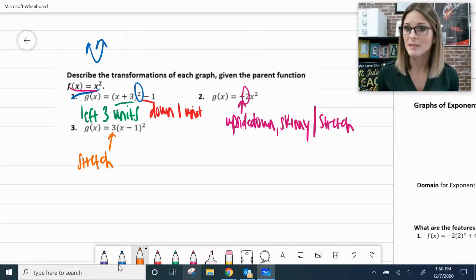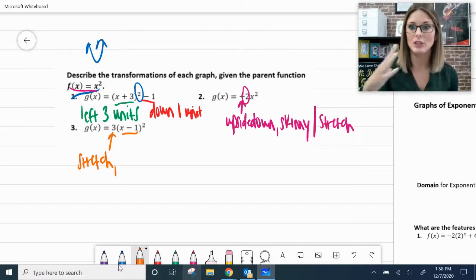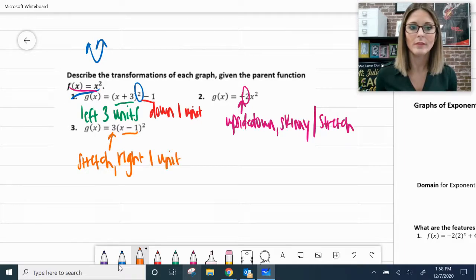We've got some subtraction inside our parentheses, so x minus 1 shifts it left to right, but opposite of what you think. Not towards the negative, but actually to the right 1 unit. And that's it. Again, the squared is making our parabola shape, keeping it in that same function family.